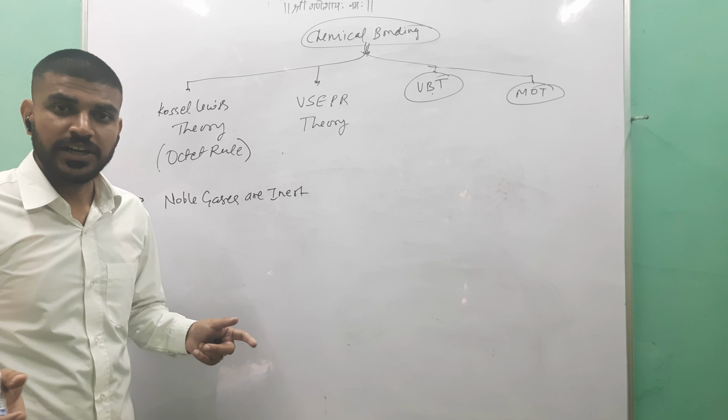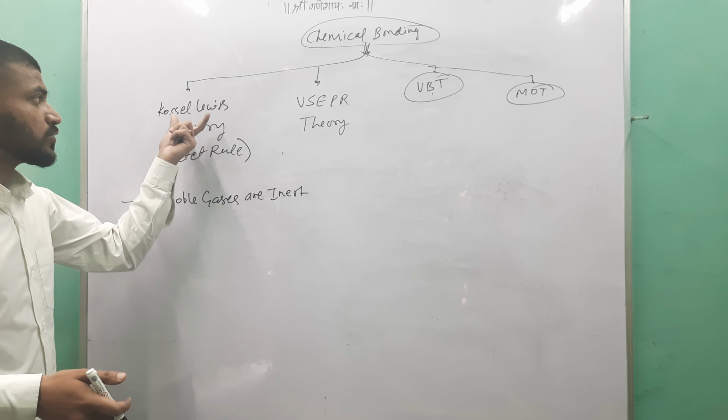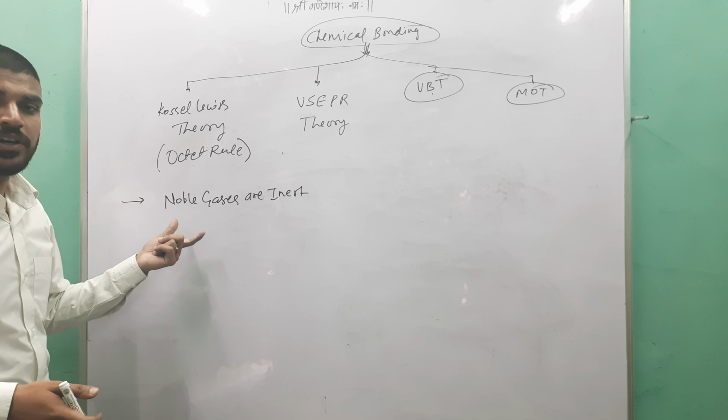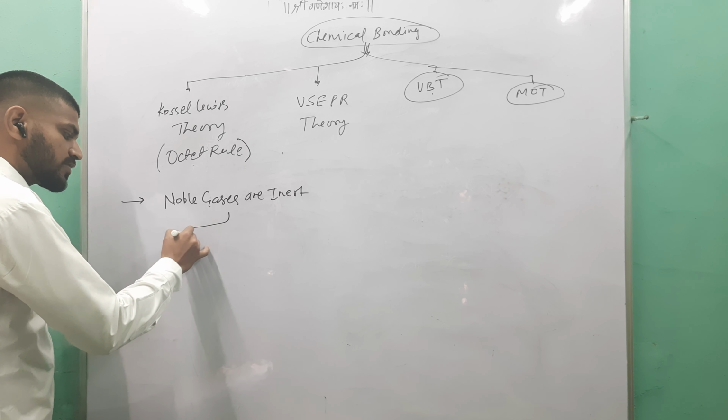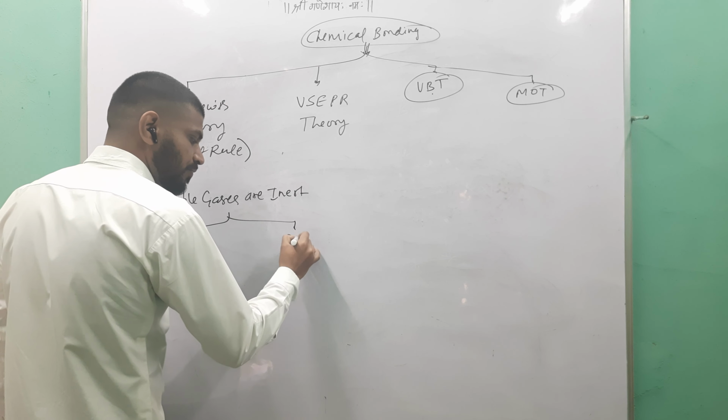So what is the octet and what is the duet? To study Kossel-Lewis theory, we have to study both. What is the duet, and what is the octet?